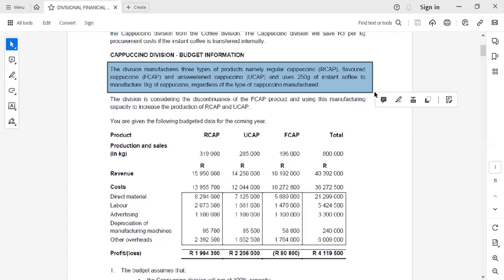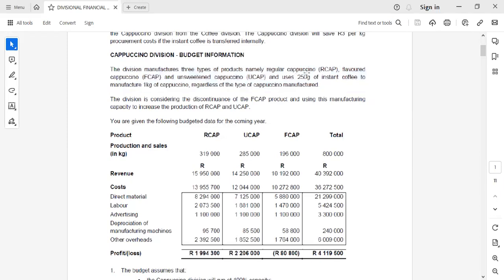So for each kg that they are going to manufacture, they will need 250 grams of instant coffee. So we have to find out how many kgs of cappuccino they are going to produce.